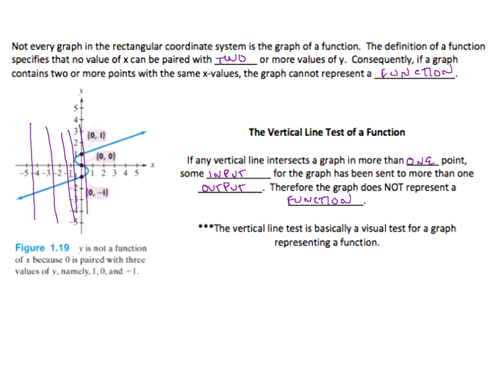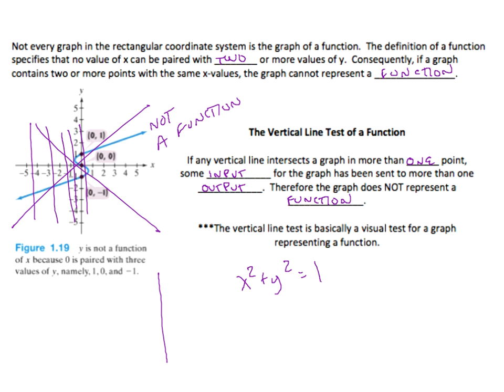As soon as I hit it stacking on top of each other, it fails the vertical line test, and that says not a function. So when I said to you earlier, oh, that thing that's x squared plus y squared equals 1, when we were trying to figure out if that equation represented a function, and I told you that it actually graphs as a circle, it fails the vertical line test. It passes through more than one point.